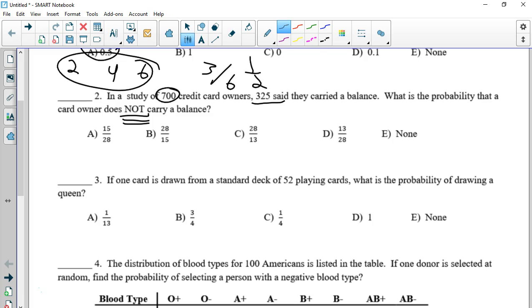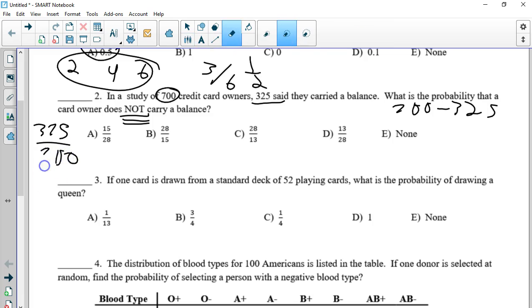I want to know how many don't carry a balance. So first off, I have to start by doing some subtraction. Okay? I have to subtract 325 from 700 because that's the total number. And that's going to give me 375, which are not, out of 700. All right? Now, obviously up there, you do not see that fraction anywhere.